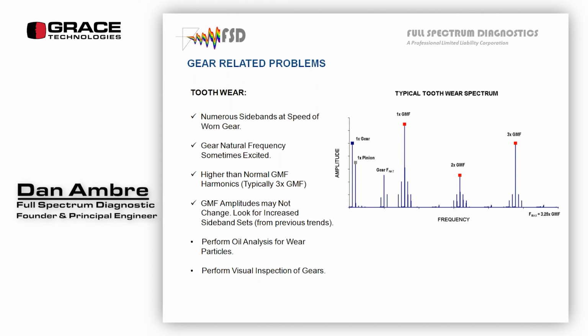You really shouldn't have one without the other, but the oil analysis is going to pick up those particles that are the wear patterns coming off your teeth. They're just going to go in the oil, and you're going to see it quickly. Also, it's good to perform visual inspection of gears for variations in the load wear patterns on the tooth face and things like that.